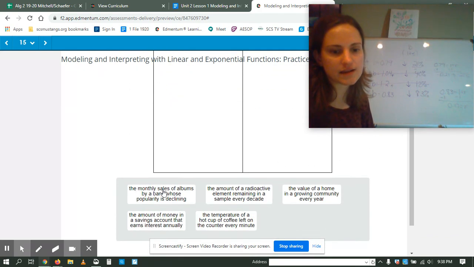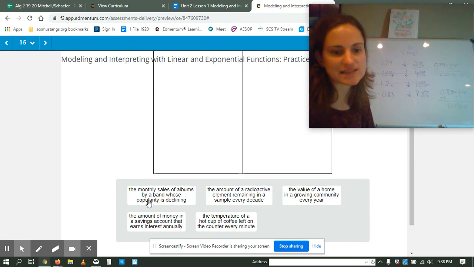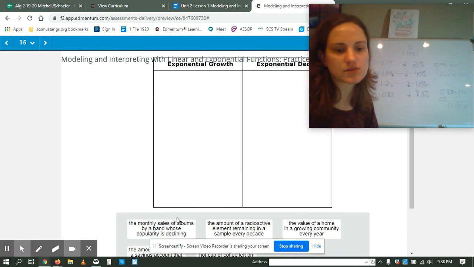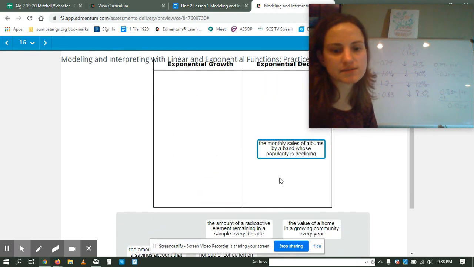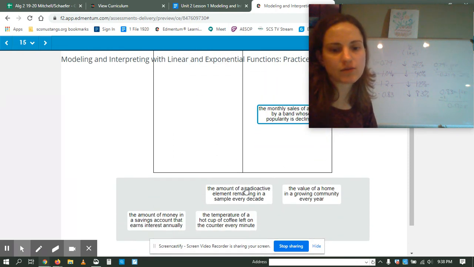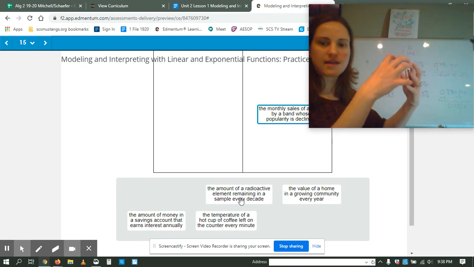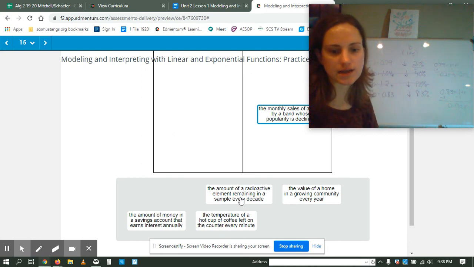Monthly sales of albums by a band whose popularity is declining. Declining means whatever is happening is going down. So that is going to be an exponential decrease. The amount of a radioactive element remaining in a sample every decade. Whenever we're looking at radioactive elements, as soon as they're created they automatically start to decay over time.